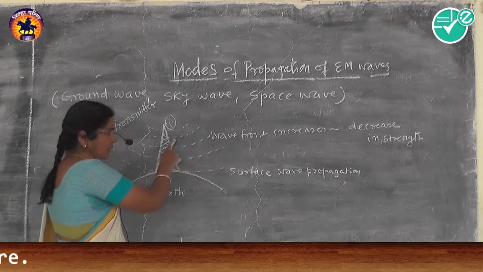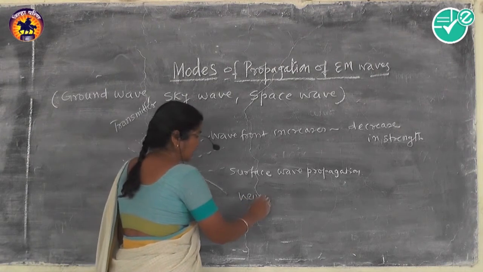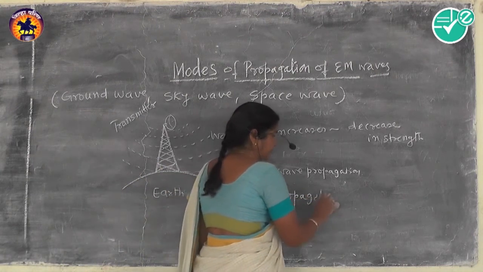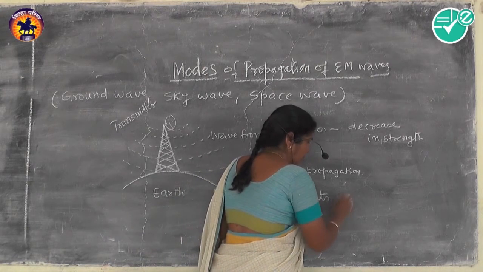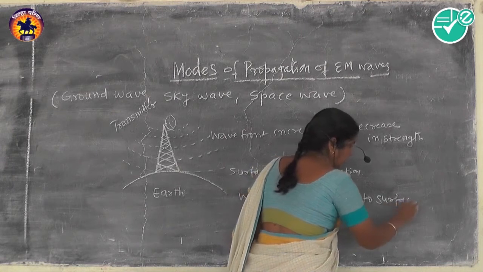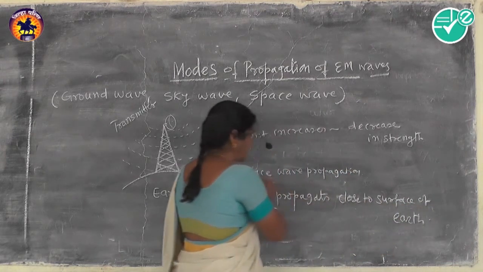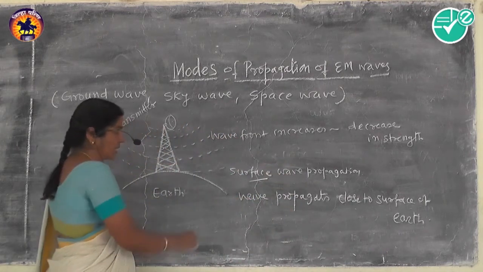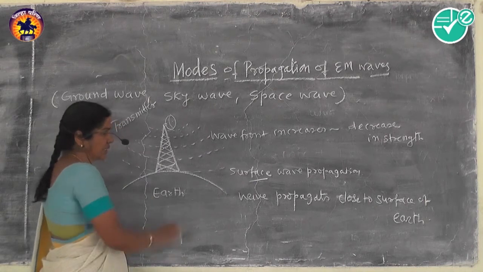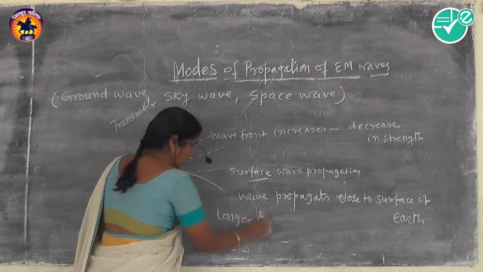So in ground wave propagation, the wave propagates close to the surface of Earth, and so it is called surface wave propagation also. There is a decrease in intensity as the wavefront increases, and therefore they are not used for longer distance communication.